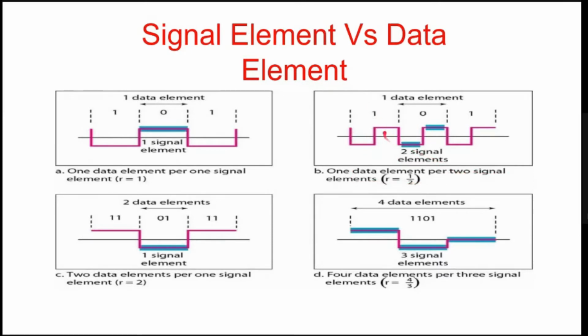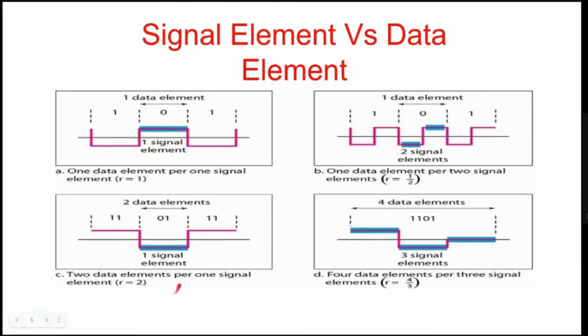This is 2 signal elements, right? So within the space, 2 signal elements are passed, but it is denoted as only one data element. So the corresponding ratio equals 1/2. Okay.